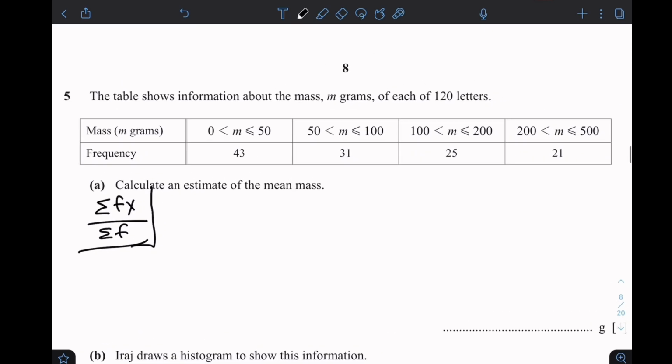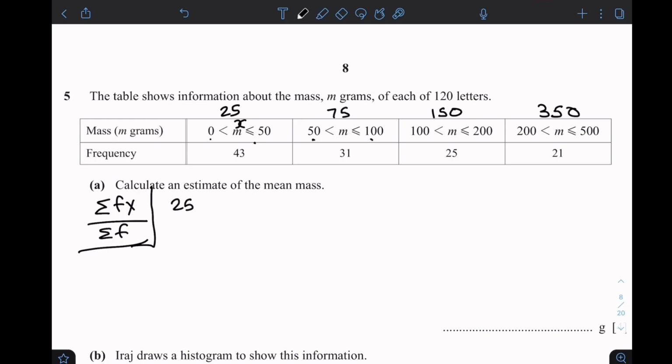This is x, but there are intervals, so you need to find the midpoints. So you do 50 plus 0 divided by 2, which is 25. 100 plus 50 divided by 2 is 75. Then this is 150. And this is 350.